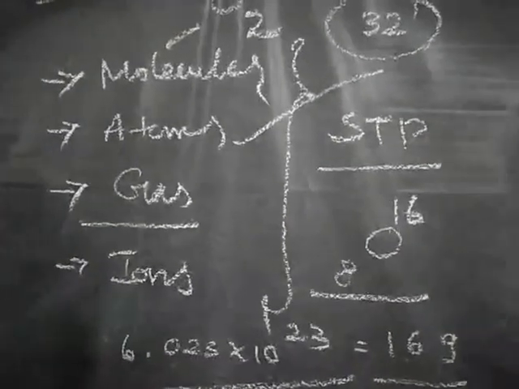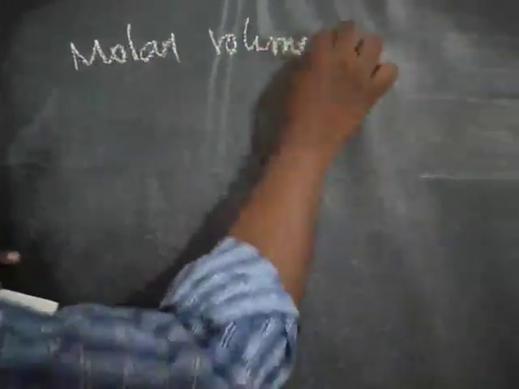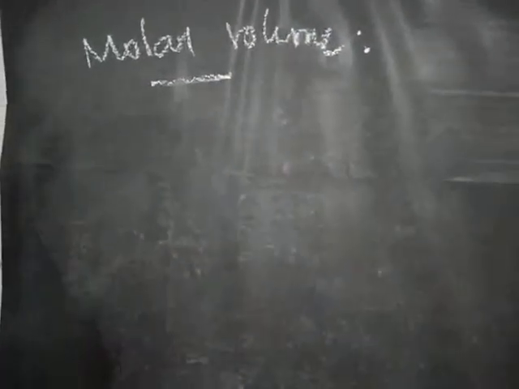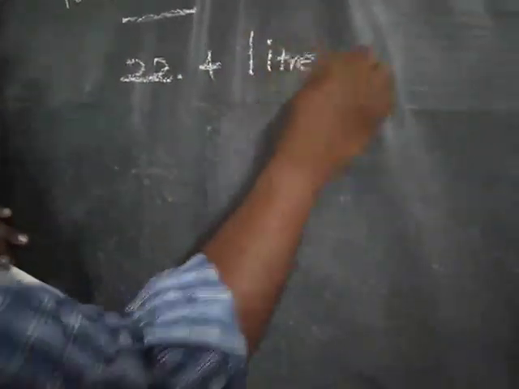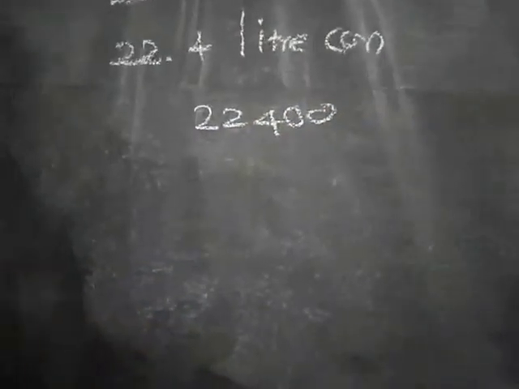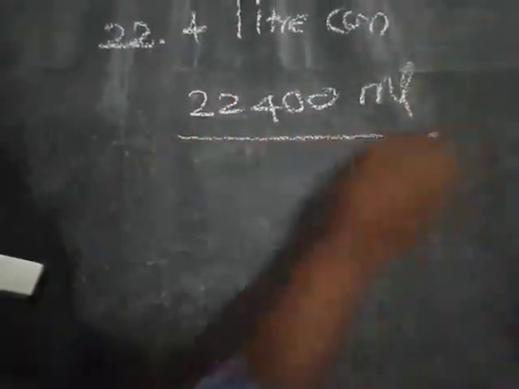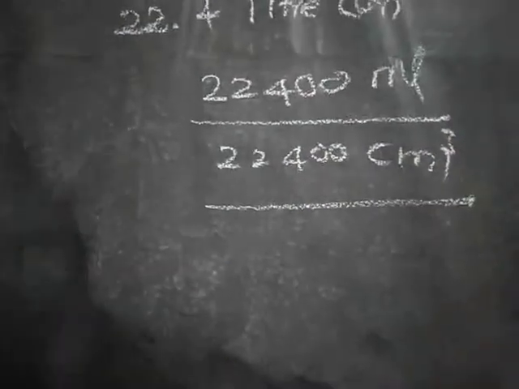Next one, molar volume. What is meant by molar volume? 1 mole of any gas occupies 22.4 liter or 22,400 ml, or 22,400 centimeter cube, at STP.